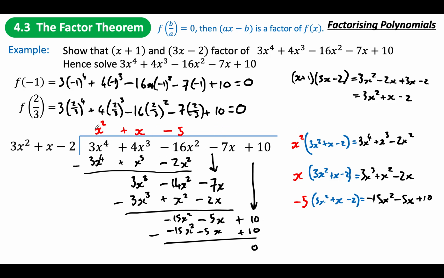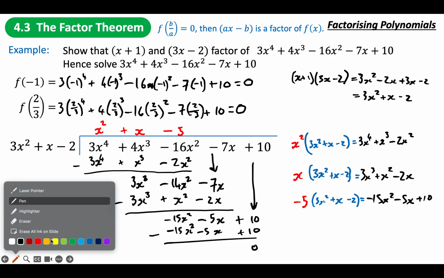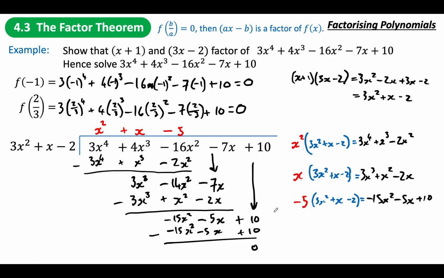So, if we're going to solve it... Goodness me, I've sort of run out of so much space here. I'm going to have to go to a different colour just so it stands out. Right. So, our factors are x plus 1, 3x minus 2. Those are my two original factors.